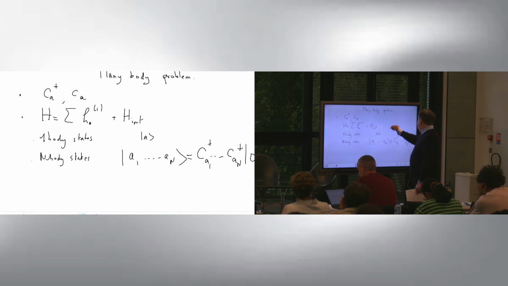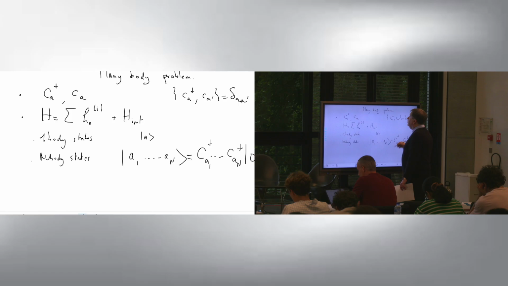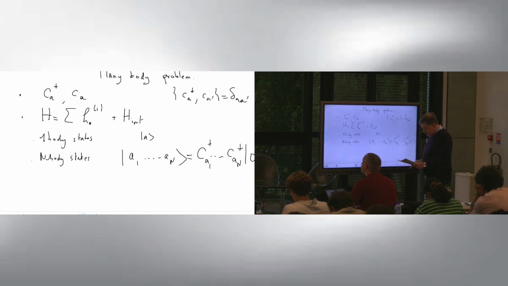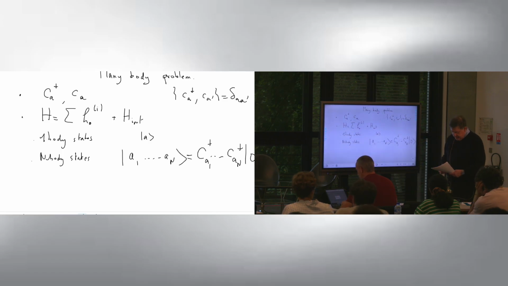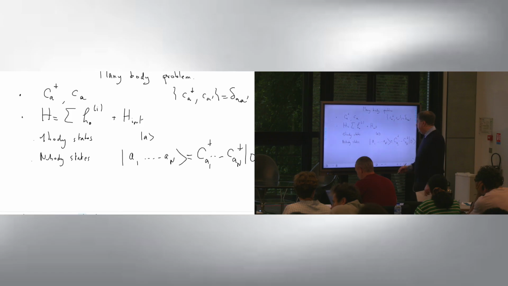And we know that these, of course, obey the Clifford algebra. So we're going to express everything in terms of c and c dagger. What's important is that we are going to manipulate states with different numbers of particles: n particles, n plus 1 particles, n minus 1 particles.